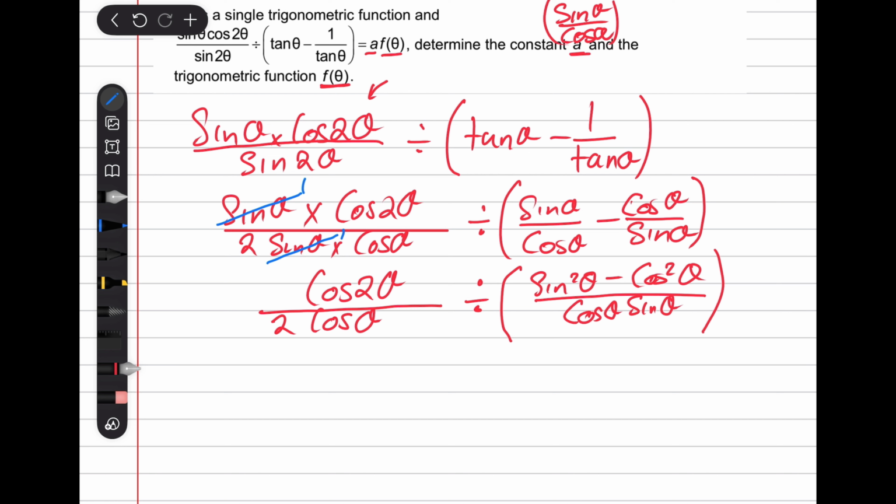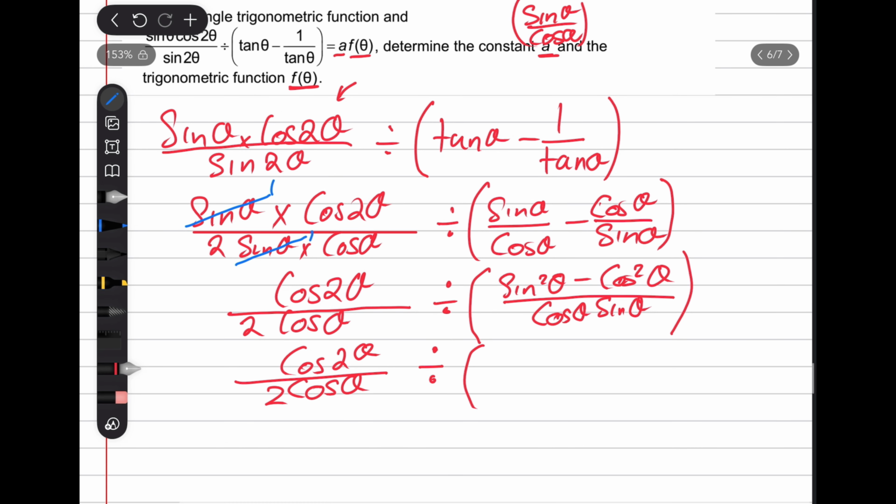Alright, so from this one here, we are having cos 2 theta all over 2 cos theta. Right, so from this one here, we are still maintaining this dividing sign here. Now there's a thing about this one here. There's a sine squared theta minus cos squared theta.